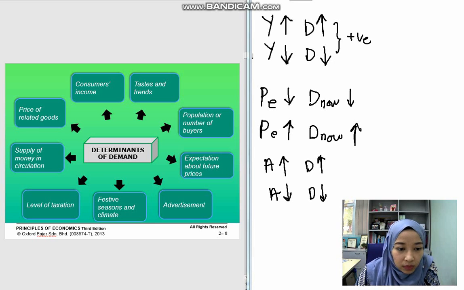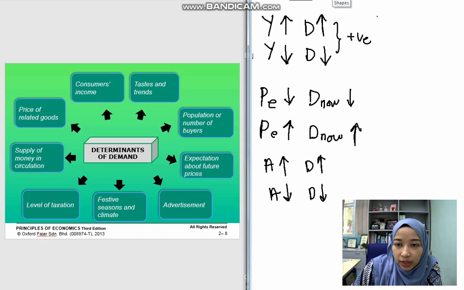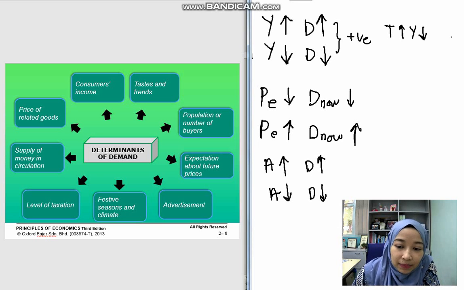Level of taxation. Of course, when the government increases the tax level, what will happen when tax increases? In terms of consumers, income level will reduce. Let's say we are talking about income tax. When you earn income at a certain level, you have to pay income tax.